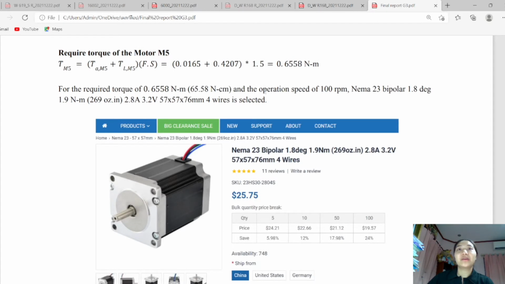In this joint we use operating speed 100 rpm. So the motor that we select is NEMA 23. This NEMA has torque 1.9 Newton meter and is enough for this required torque.